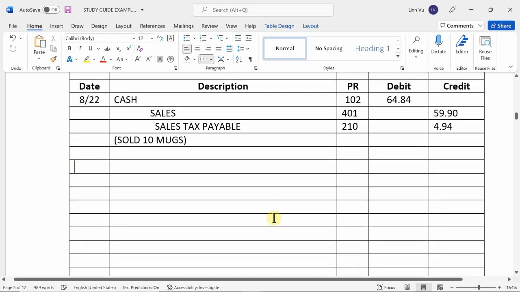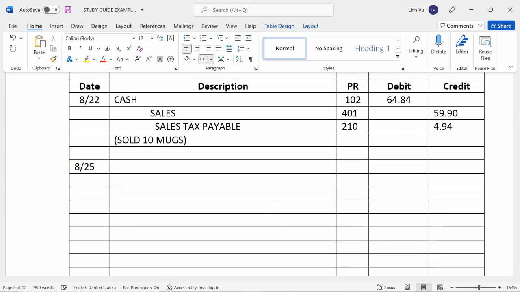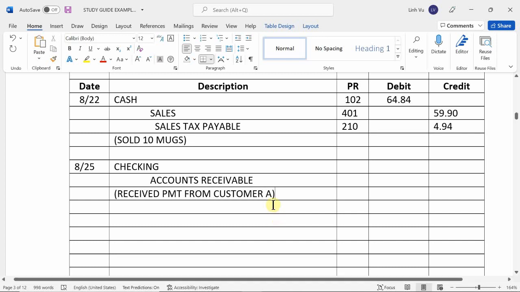So that means I got to deposit that money to my checking account. So that means I'm going to increase my checking and I'm going to decrease the accounts receivable because customer A paid off for what they owe. Okay? So in this case, it is August 25th. We received a check and we're going to reduce the accounts receivable, okay? Received payment from customer A. So in this case, you have two options.